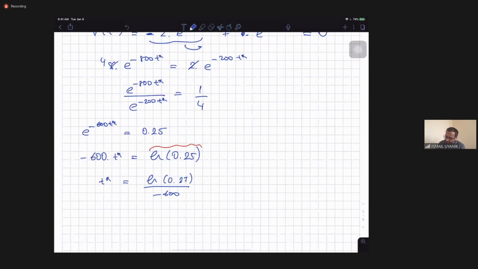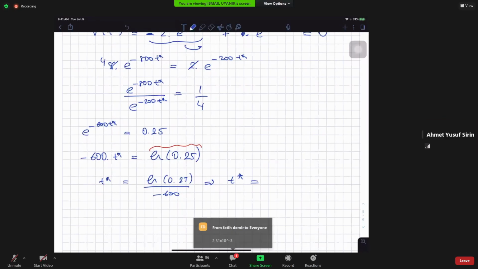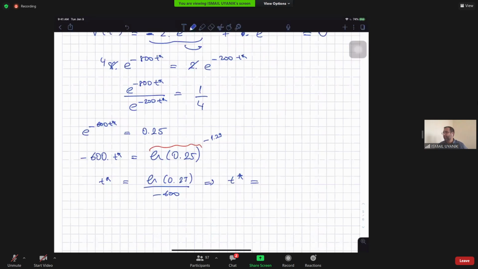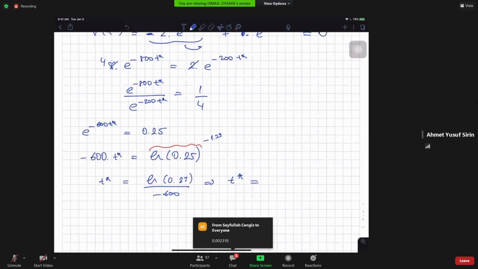This ln of 0.25 should be negative, so that we get a positive time. Minus 1.39. Only the ln. Okay, can you also divide it by 600, so that we can find the time instant? Minus 2.31.